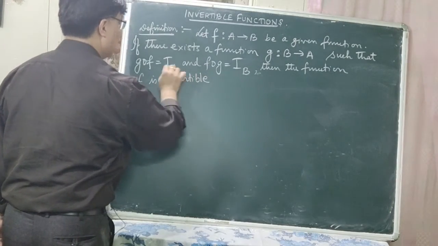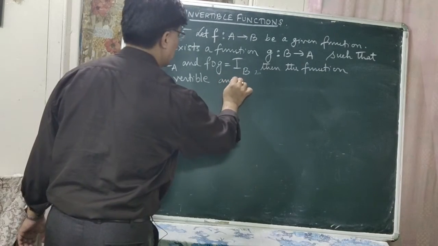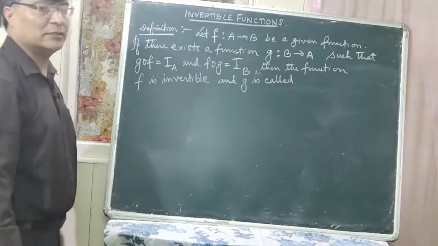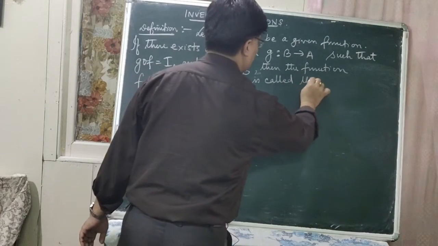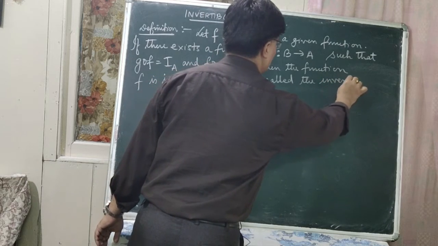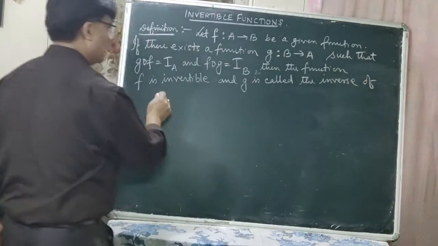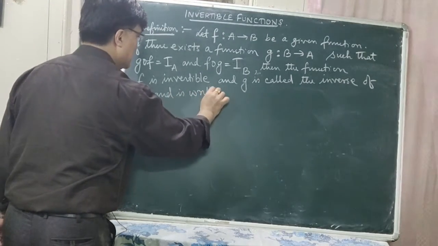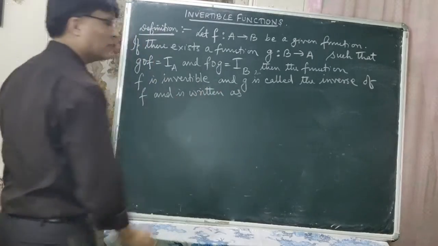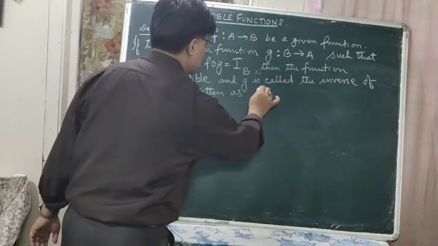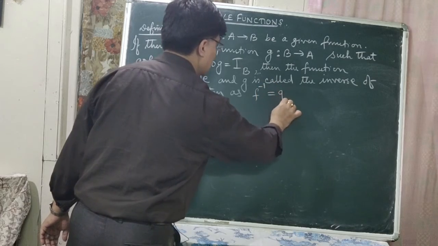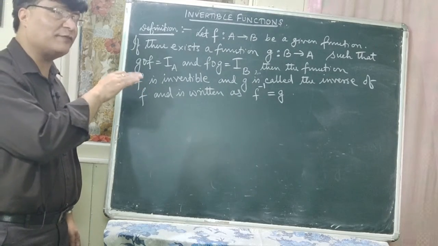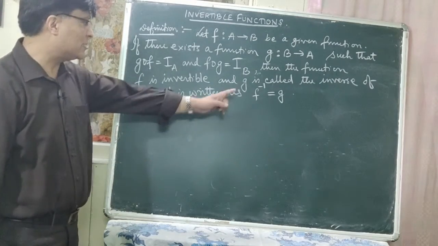Then the function F is invertible, and G is called the inverse of F, and is written as F inverse. So here in this case G is known as the inverse of F, and we write it as F inverse.